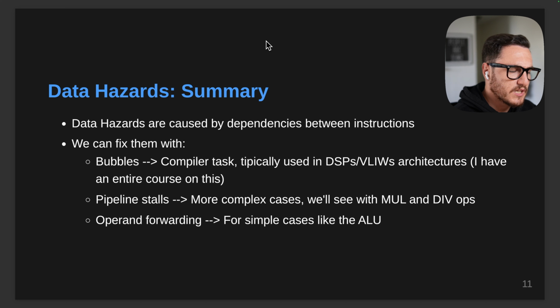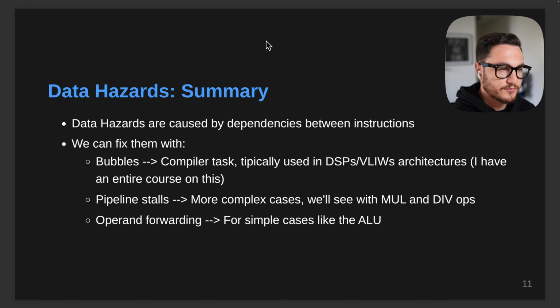So the compiler is not necessarily aware of the pipeline architecture. So bubbles are typically used in architectures where the compiler plays a much more significant role in scheduling the instructions, like in DSPs and very long instruction word architectures. And I have an entire course on how to build a compiler tightly coupled to the hardware.